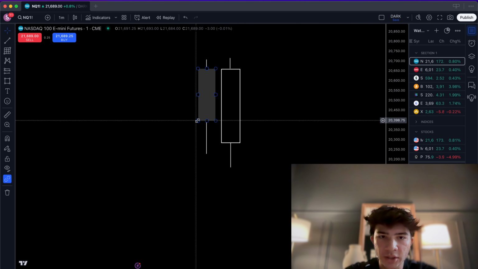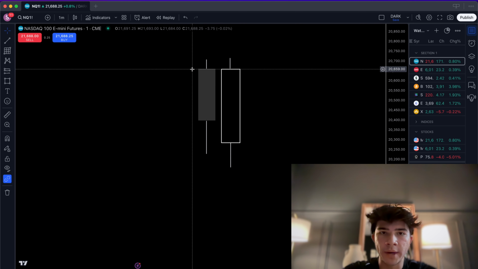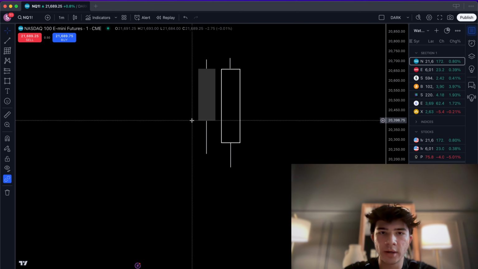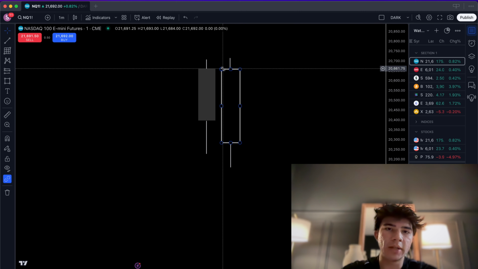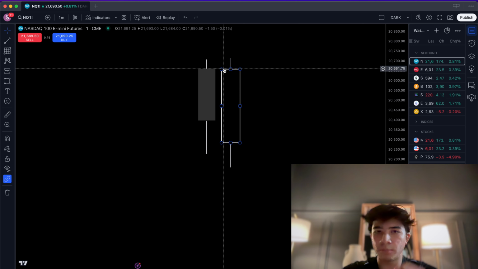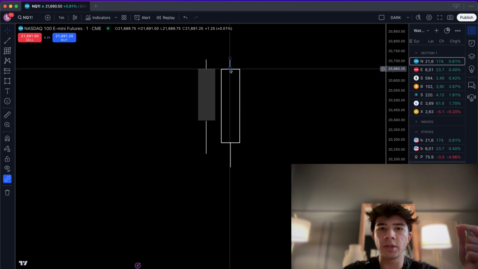Essentially this candle right here opens, price opens right here, and it moved all the way up to here where it closed. Price closed right here. So we opened right here and we closed right here. Price moved from here all the way up to here. Okay? And this next candle opens where the previous candle closes, and depending on where it moves, it will either be white or black.